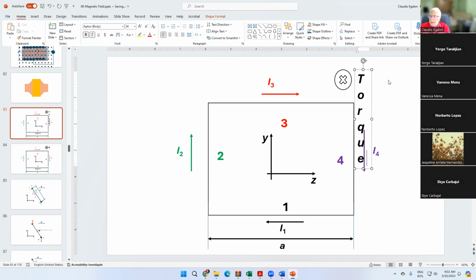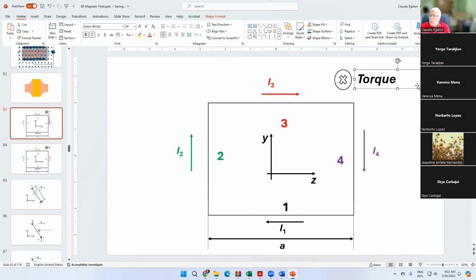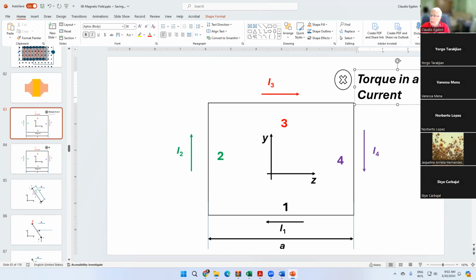Torque in a current carrying loop. A current carrying loop.